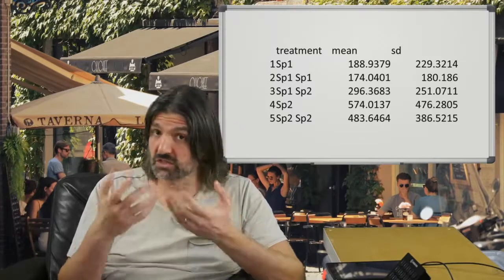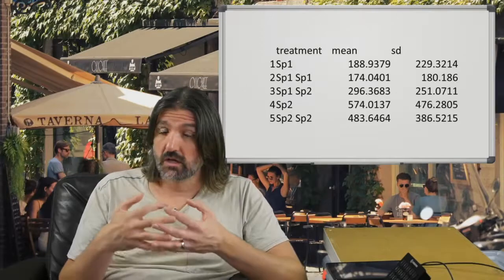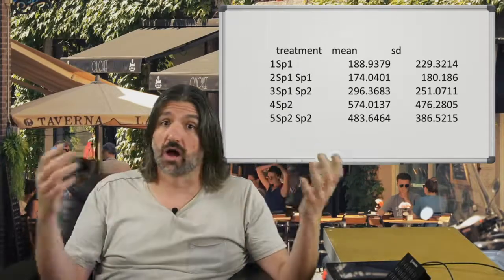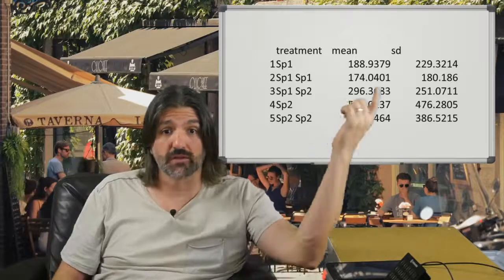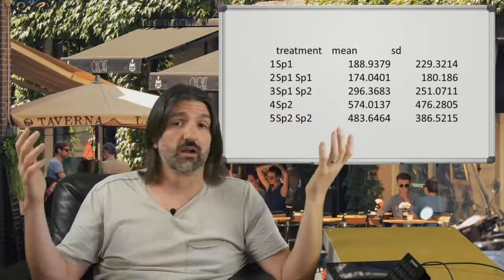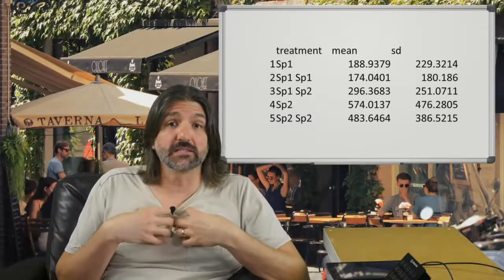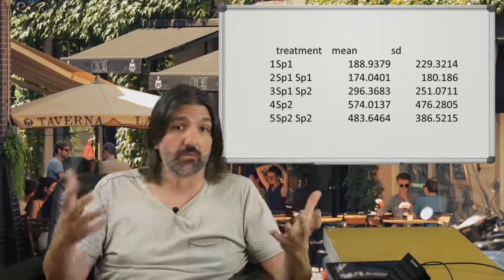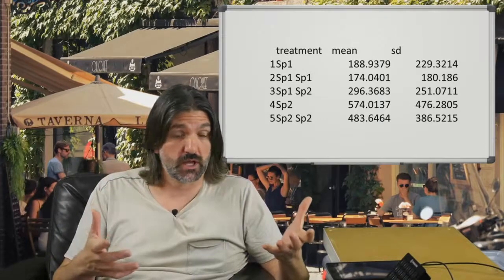If that is not significant, what that means is that there's just a lot of variation in the growth of SP1 on its own. And we don't know what that is because we didn't test for that within our model and our experiment. Okay?